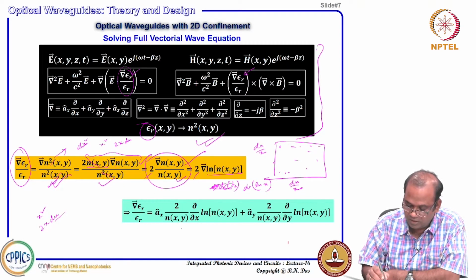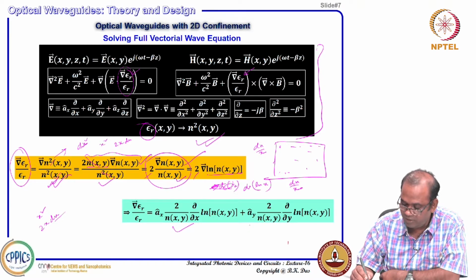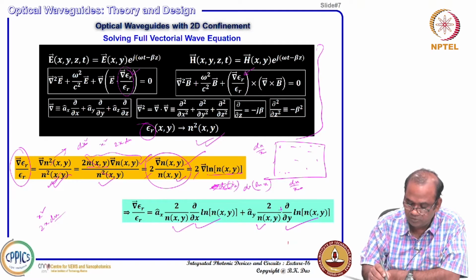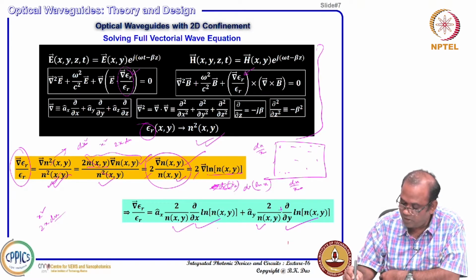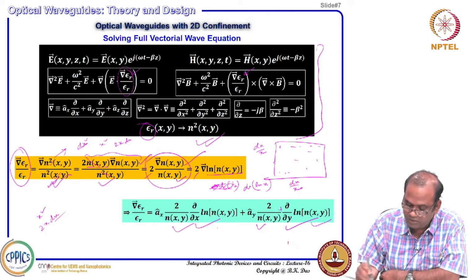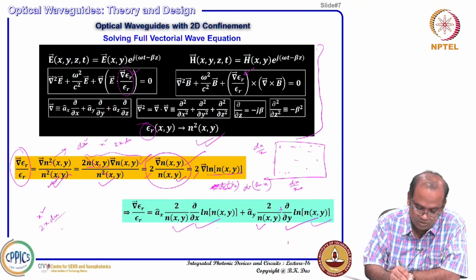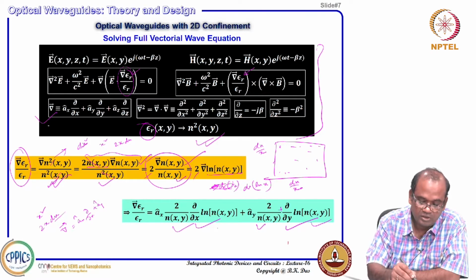It will have an x component and a y component, with derivatives of the refractive index. A z component will also be there, because you know nabla equals ax del x plus ay, as written here.